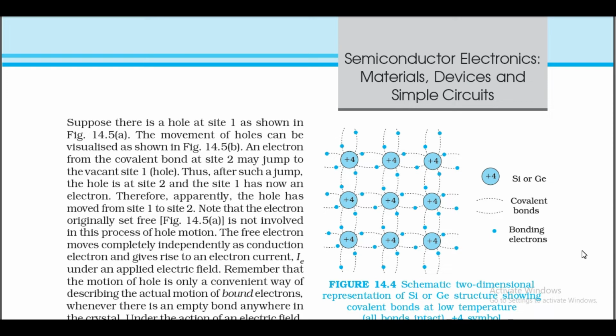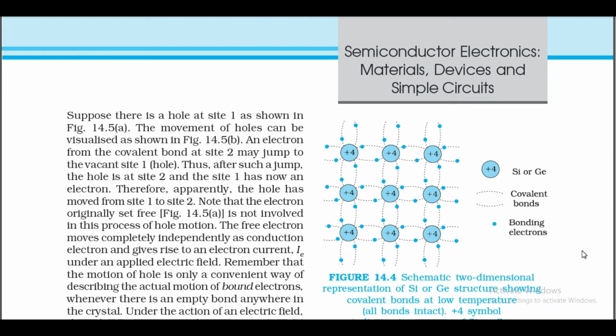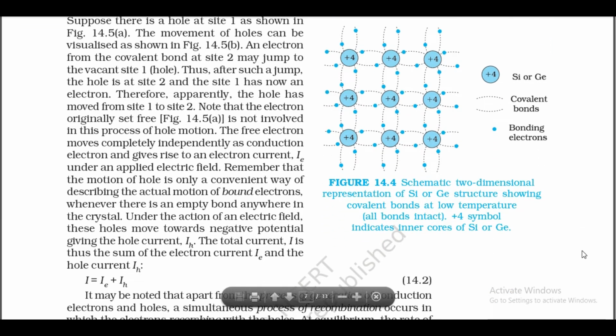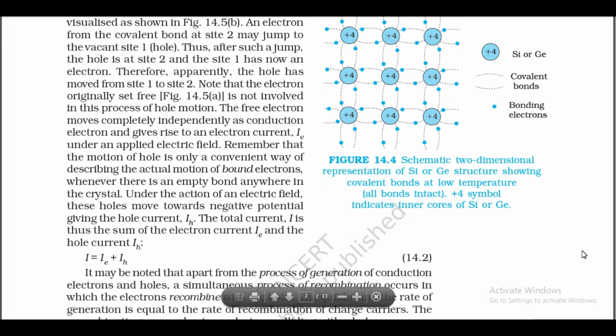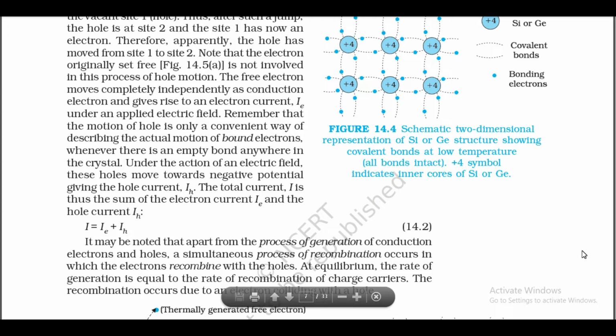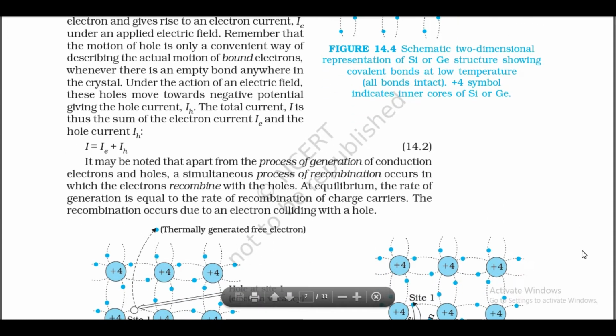Remember that the motion of a hole is only a convenient way of describing the actual motion of bound electrons. Whenever there is an empty bond anywhere in the crystal, under the action of an electric field, these holes move towards negative potential, giving the hole current Ih. The total current I is thus the sum of the electron current Ie and the hole current Ih, I = Ie + Ih.